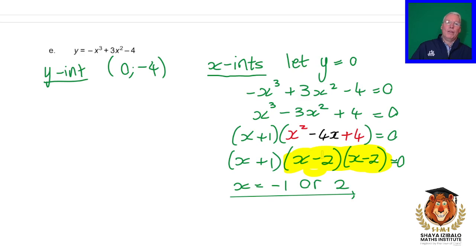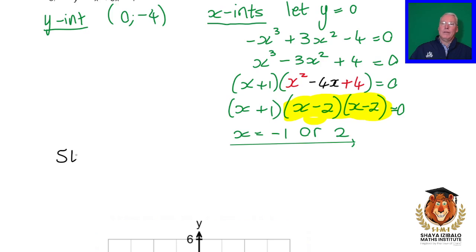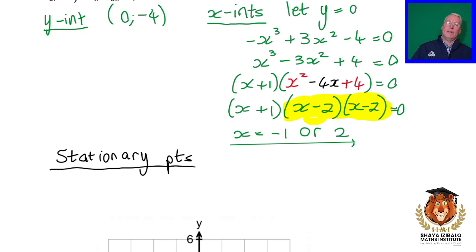When that happens, we actually get a turning point on the axis. Let's just see. Remember how we find our stationary points? We're going to let the gradient be 0. We're going to let dy/dx equal 0.